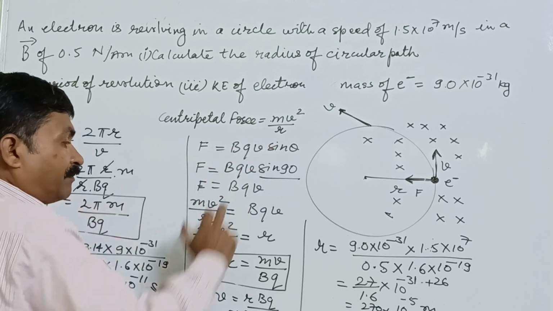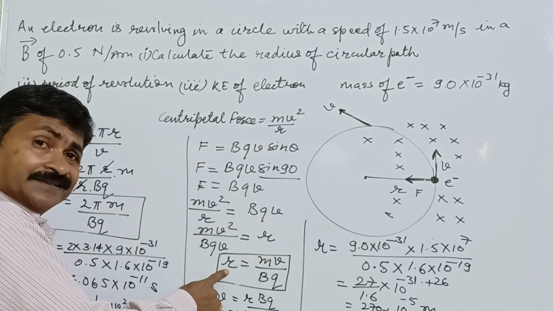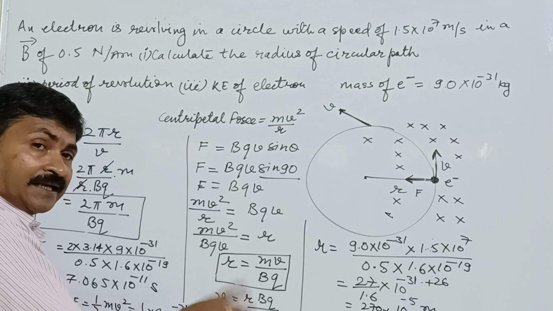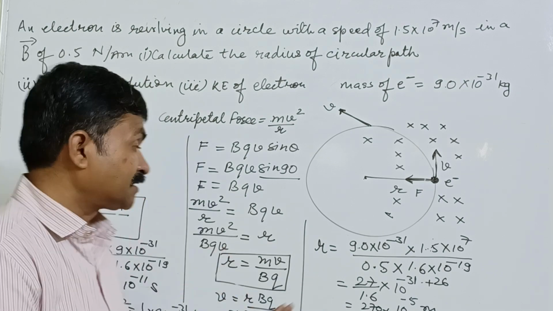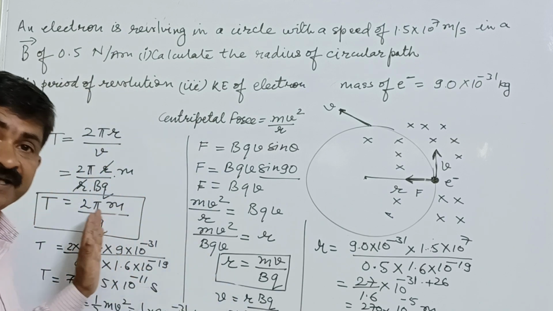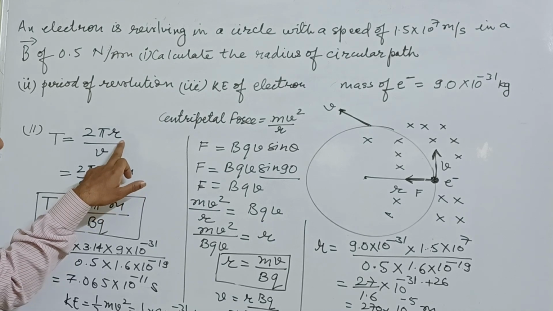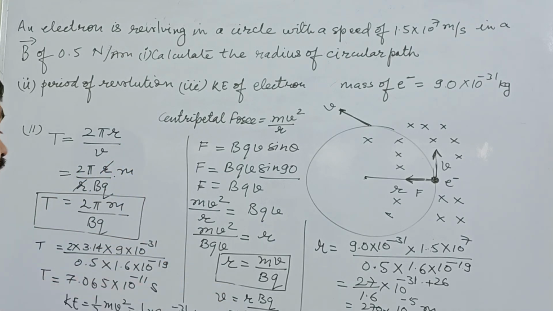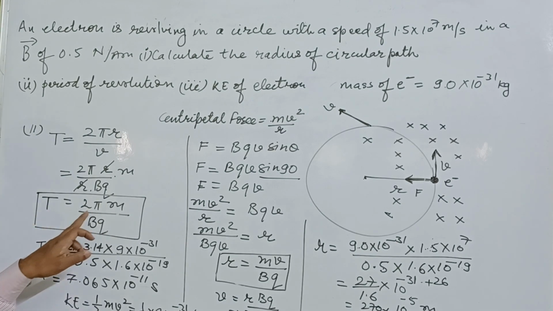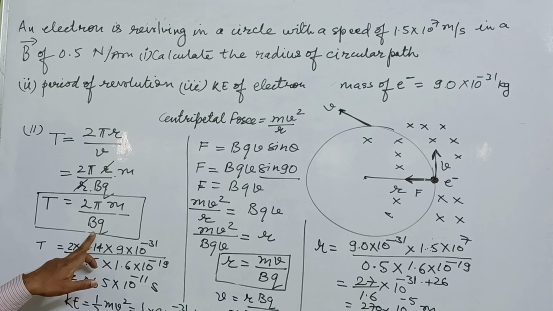So if we balance it, if we compare, we'll get the radius और radius मिल गया तो you can calculate the radius. आप radius निकाल सकते हैं, radius की value निकाल सकते हैं, आप time period calculate कर सकते हैं 2 pi r upon v. Once you get r, velocity आपको मिल जाएगी इसी रिलेशन से. So T को हम डिटरमाइन करेंगे तो 2 pi into m upon qB से डिटरमाइन करेंगे.